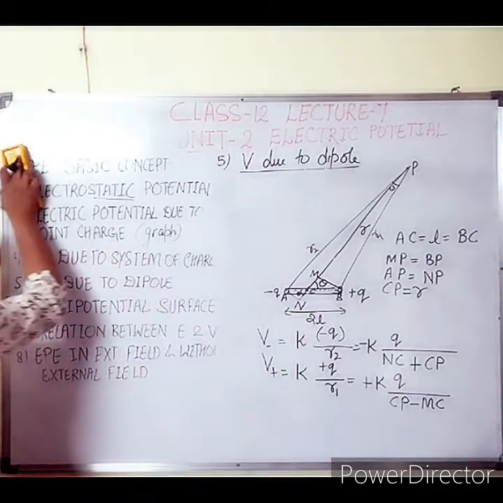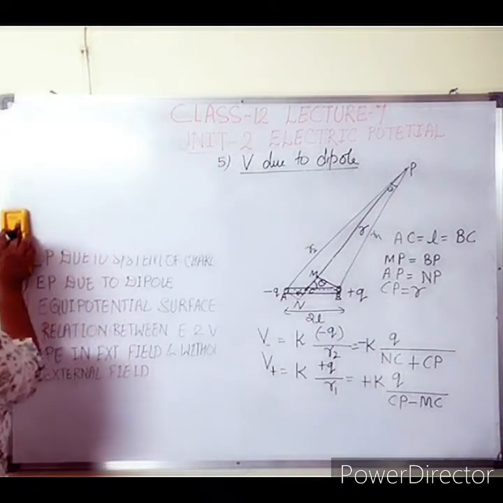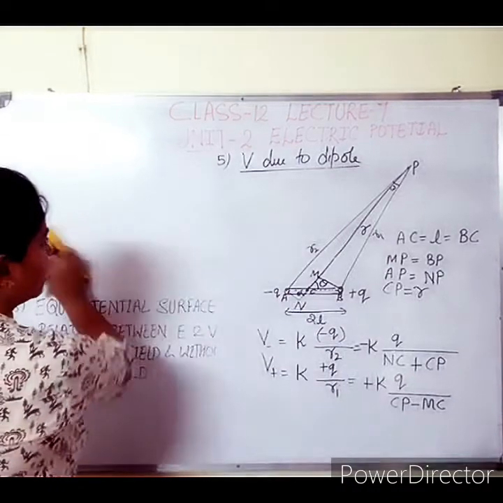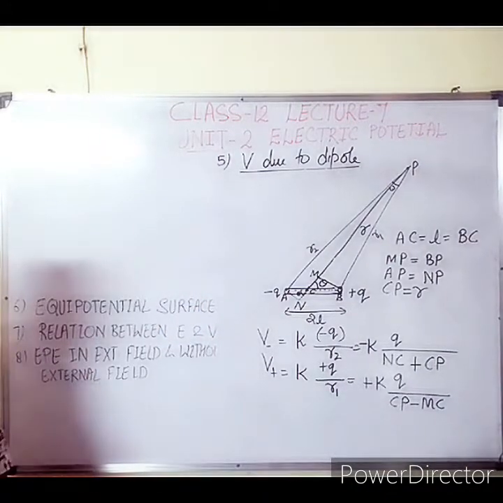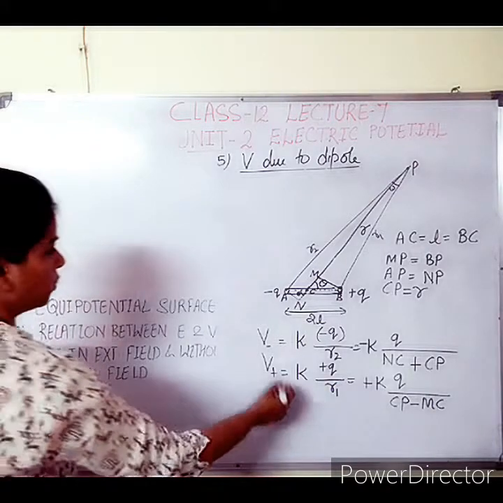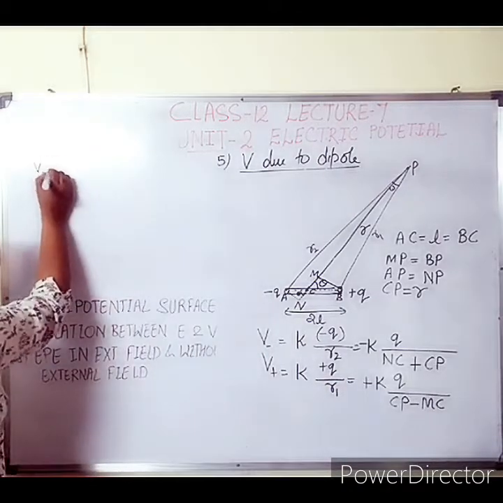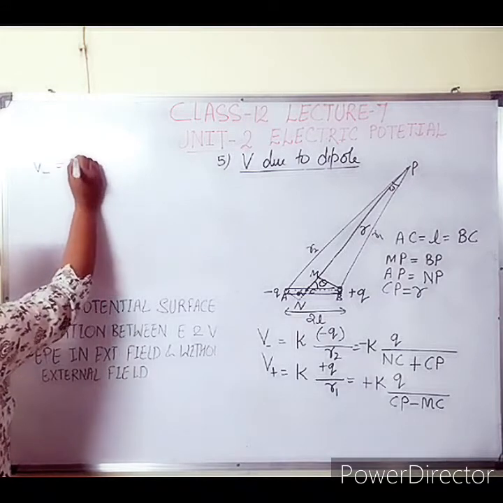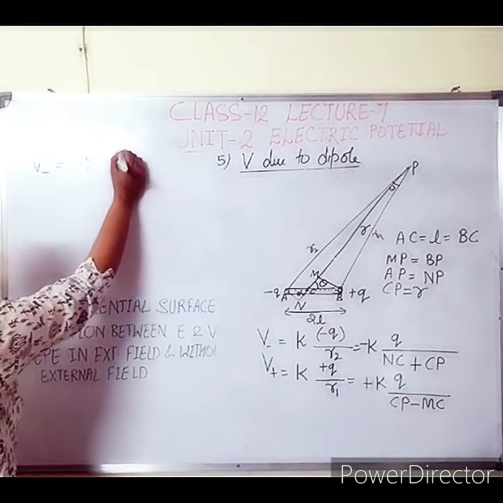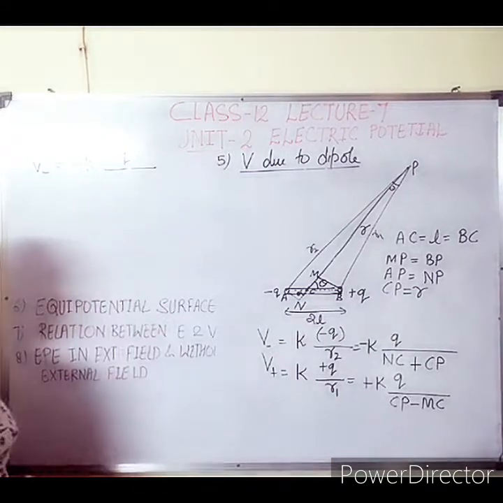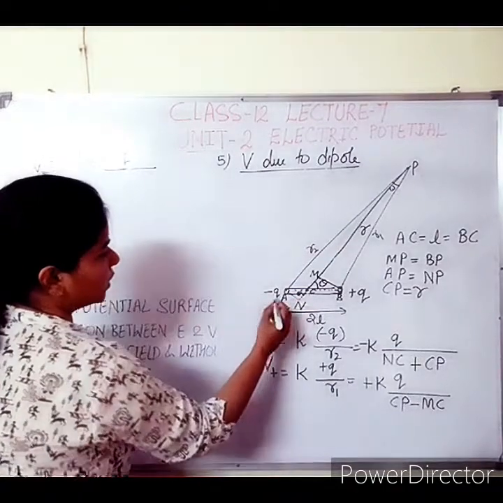Now I want to rewrite these terms which I have solved here. So we can write V minus as minus KQ divided by NC plus CP. What is the value of NC here?